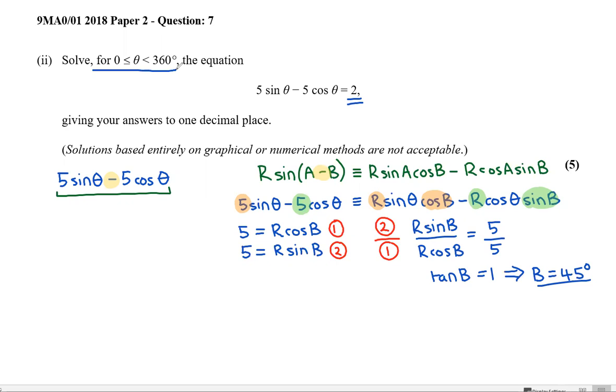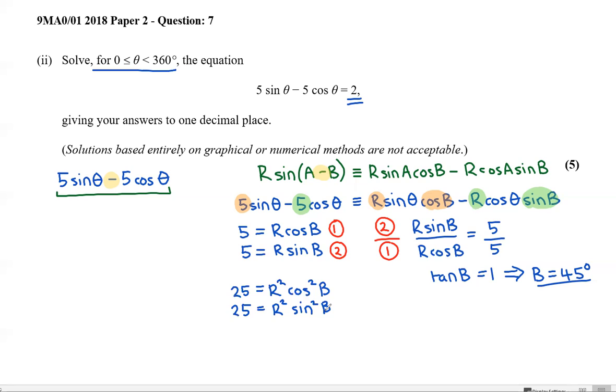So we've got b, and then in order to find out what r is, you can sub that into the equation and rearrange it, or you can use Pythagoras' theorem on the coefficients. So it's completely up to you. The standard way to do it, which I might as well do, is to square equations 1 and 2. So we would have 25 is equal to r squared cos squared b, and then 25 would equal r squared sine squared b.